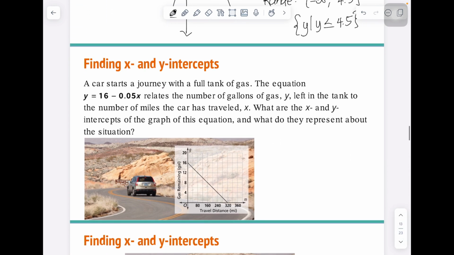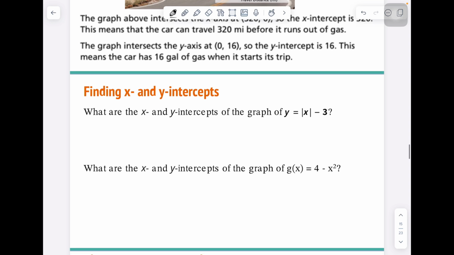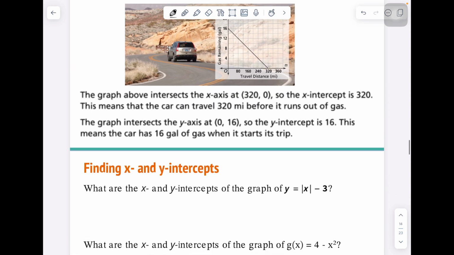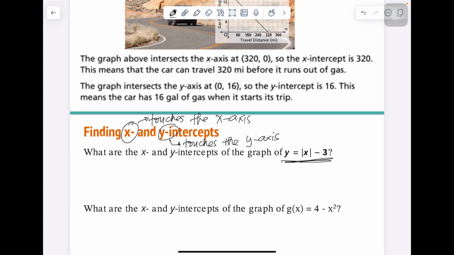Let's go to x and y intercept. When finding the x and y intercept, again, the x-intercept touches the x-axis and the y-intercept touches the y-axis. So let's graph this one in Desmos.